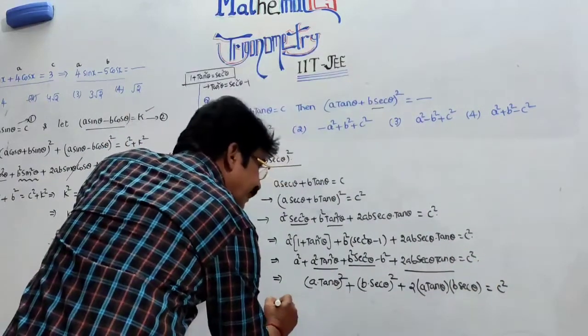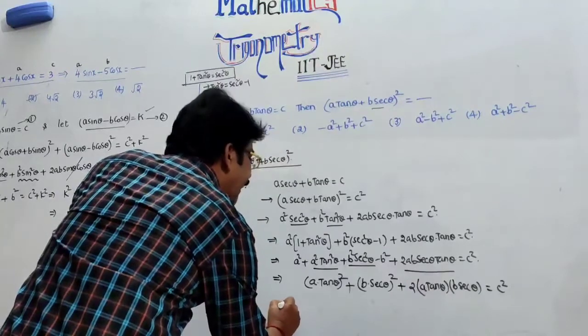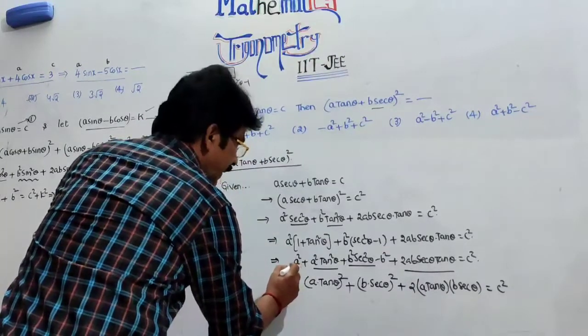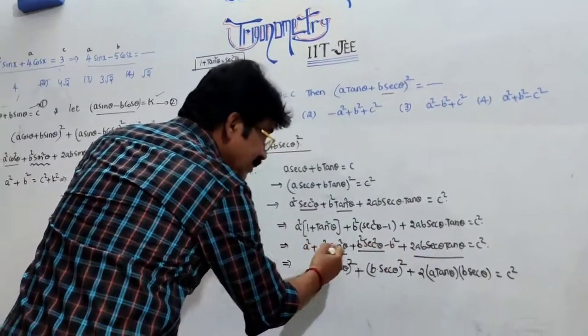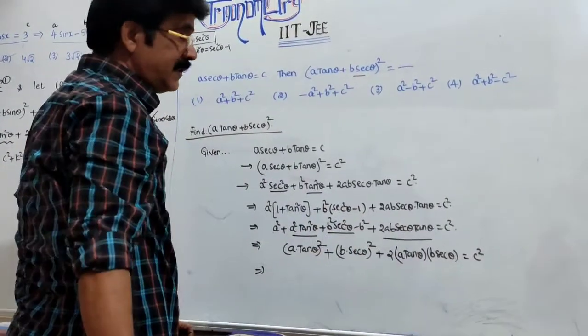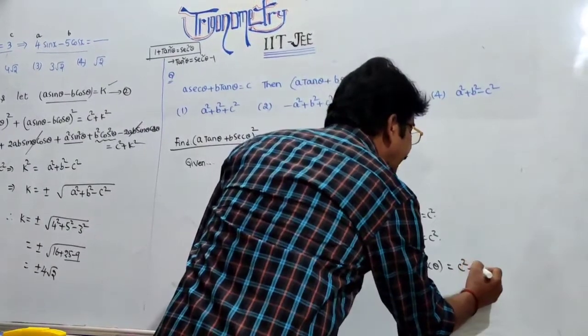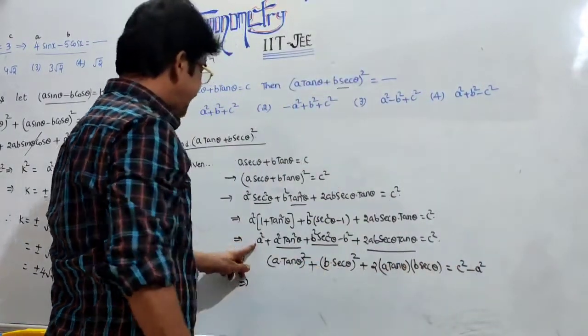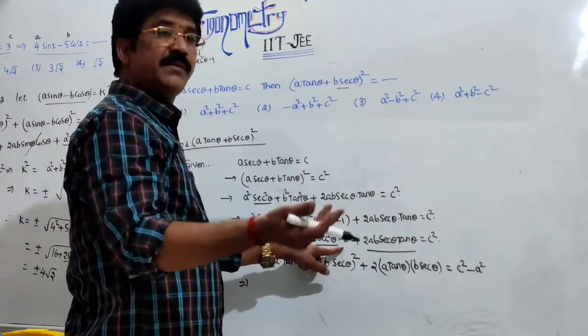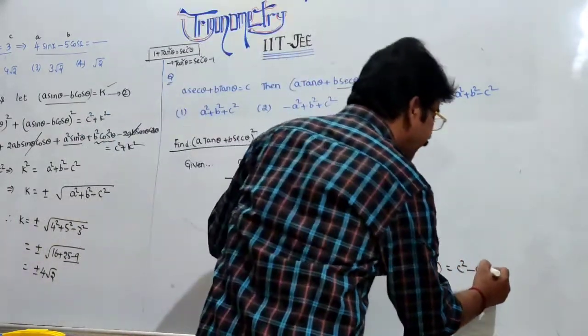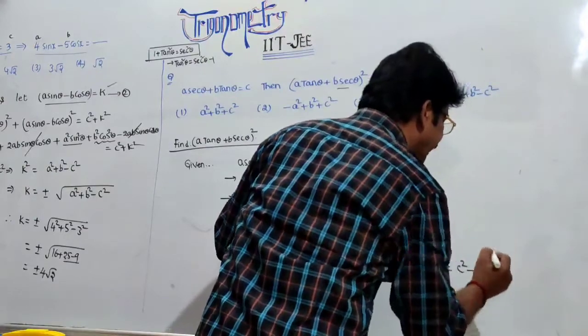So that implies, already A square minus B square is there. I will send this A square minus B square to the RHS, then it will become minus A square, plus B square, on the other hand, meaning the right hand side.